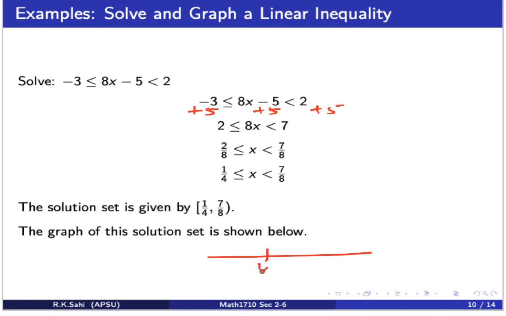So eyeball 1/4 and eyeball 7/8. Now for 7/8, you will have a parenthesis which is opening on the left-hand side, and on the 1/4 you will have a square bracket which is opening on the right-hand side, and everything in between is your solution set.